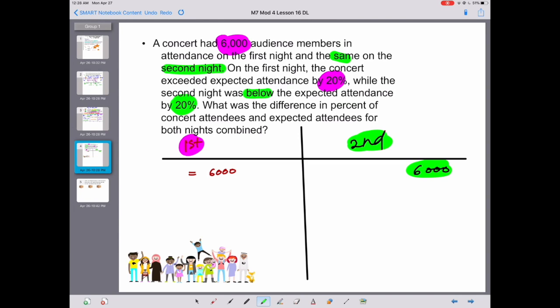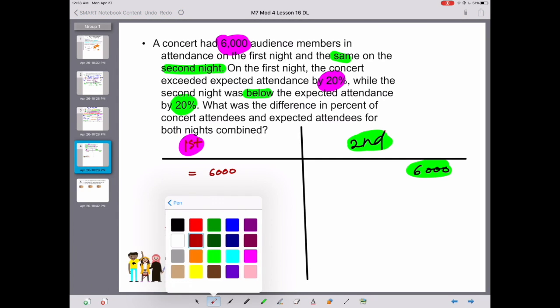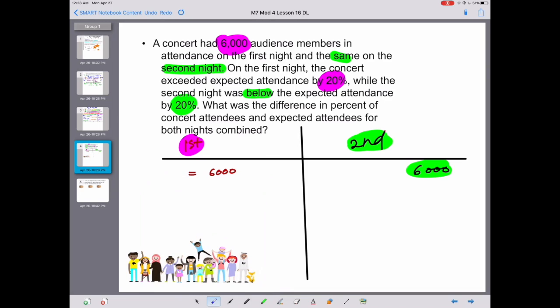Let's get this information on the paper to work with some numbers. So 6,000 people were attending the concert on both days, but this 6,000 was not the amount they actually expected. So let's figure out how we're going to find this.